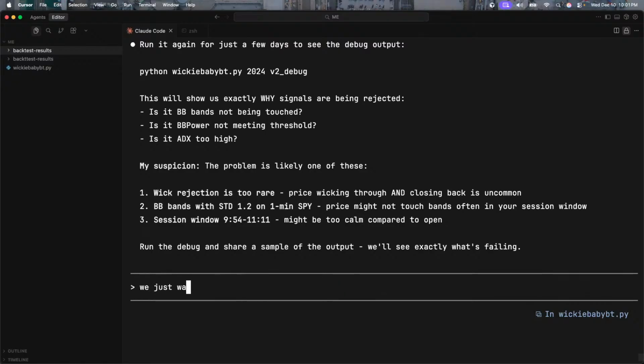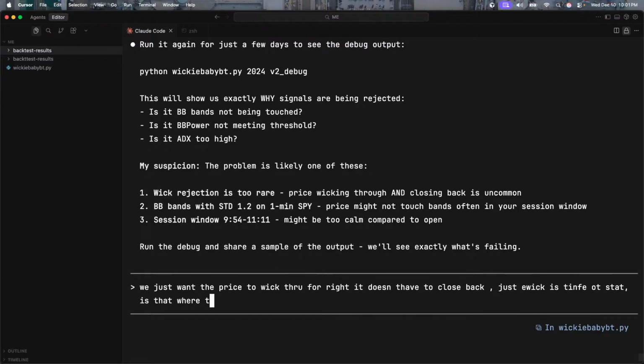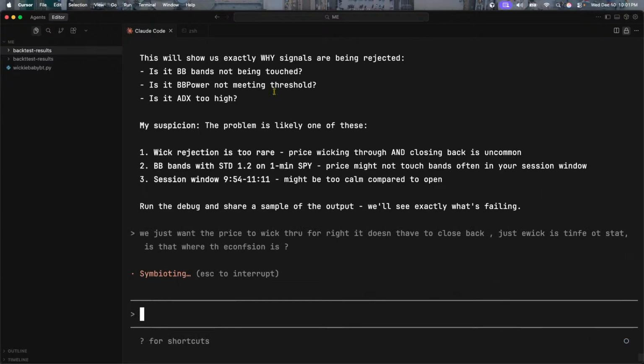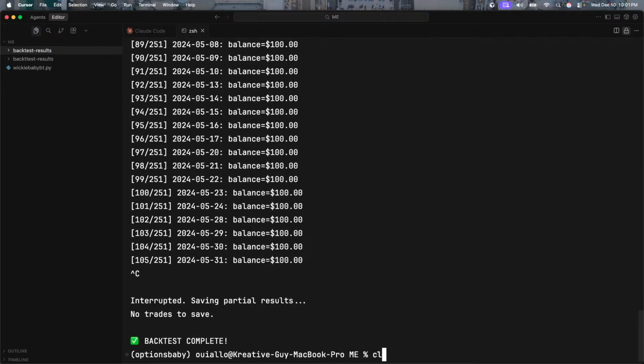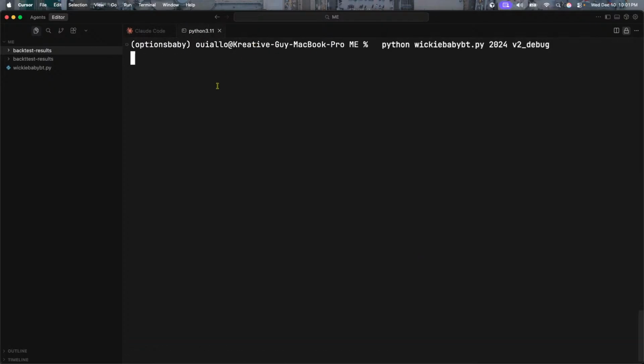We just want the price to wick through for right now. It doesn't have to close back. Just wick through is fine to start. Is that where the confusion is? Let me just run this also just to be able to see, because I really think JIT is tripping right now.